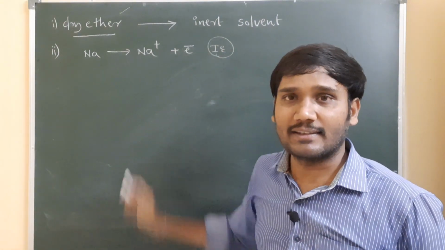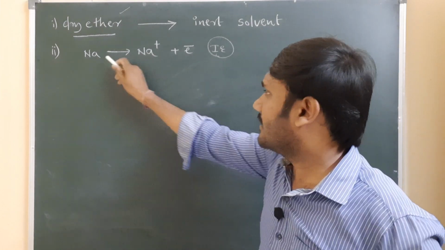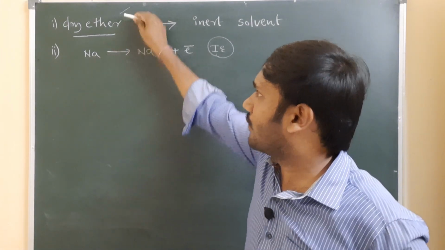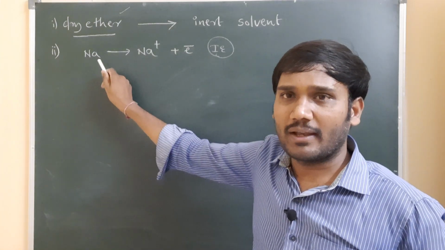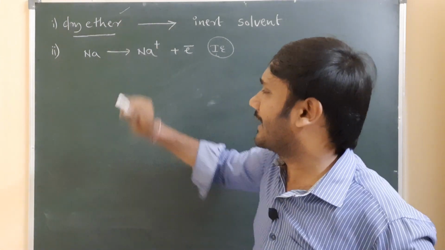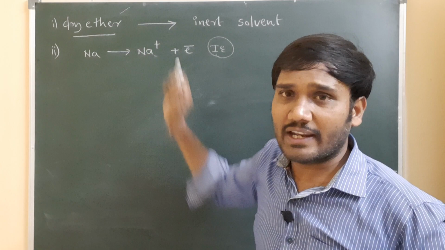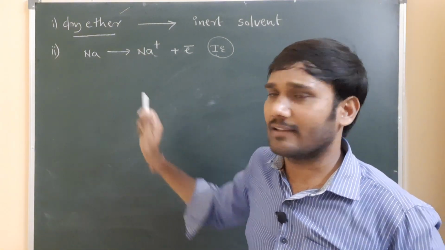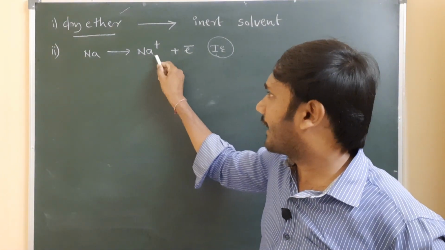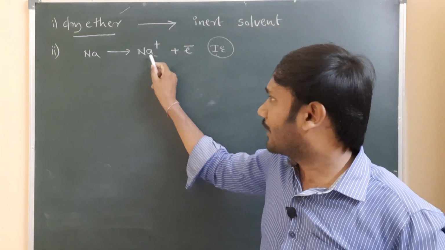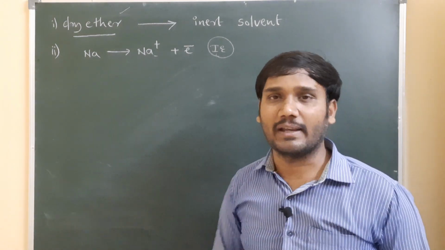This energy is provided when the sodium metal is solvated with the dry ether. When sodium is solvated with dry ether, some solvation energy is produced, and that energy is responsible for removing the electron from sodium. Because of that, Na+ participates in the reaction.